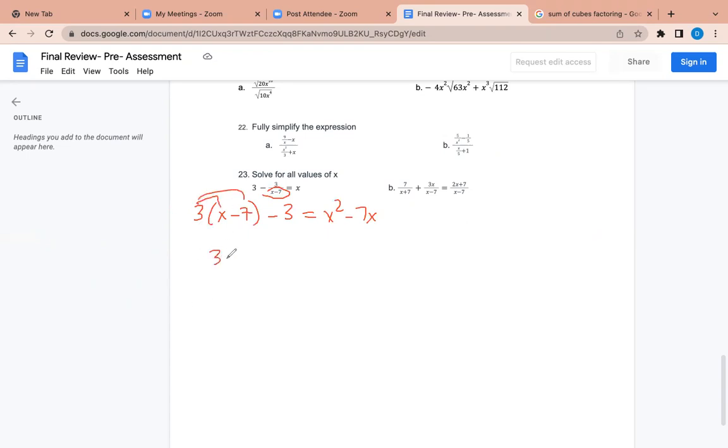Distribute, it will be 3x minus 21 minus 3 is equal to x squared minus 7x. Combine like terms, so this is 3x minus 24, right, equals x squared minus 7x. Subtract the 3x from both sides, add the 24.